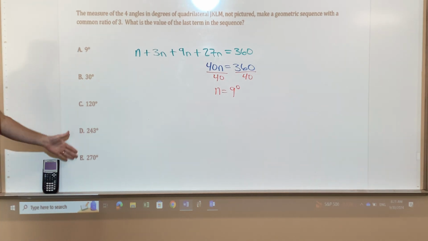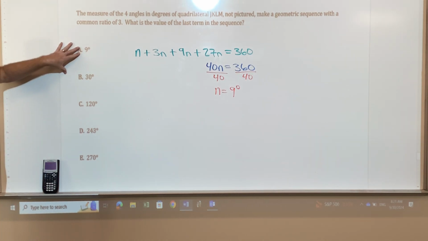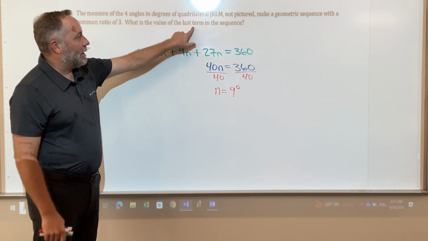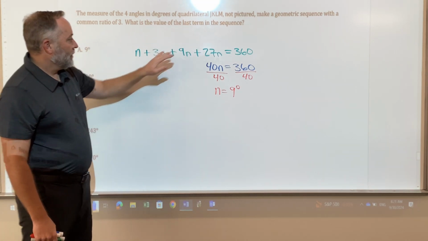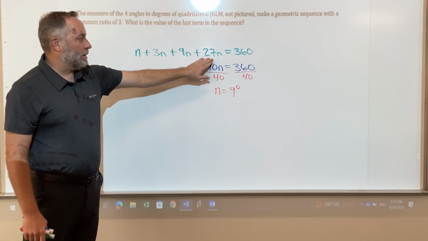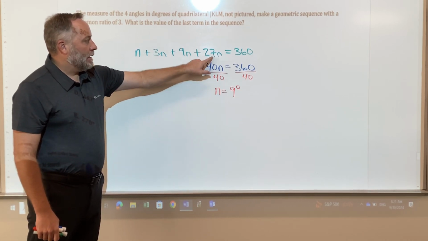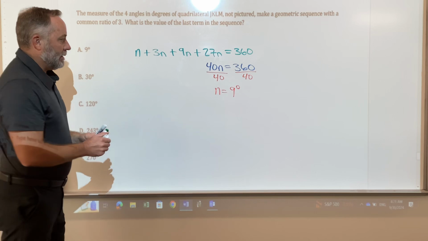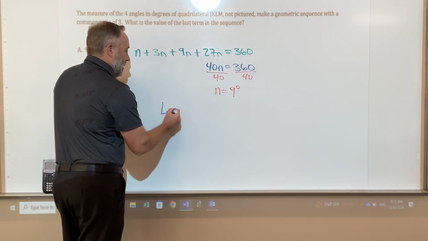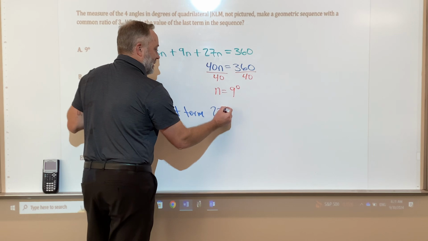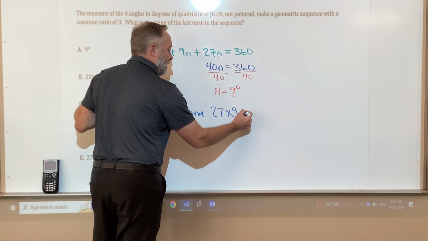When we look at our answers, we see 9 there, but we've got to be careful because the question asks us, what is the value of the last term in the sequence? So here are the 4 terms in our sequence. This is the last term, but we know that n is 9. So the last term is going to be equal to 27 times 9.